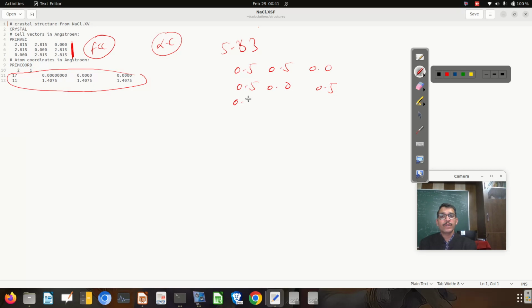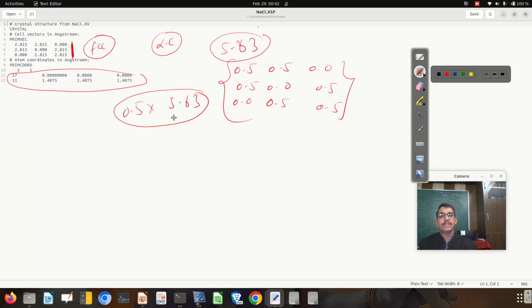So it is 0.0, 0.5, 0.5. So here what will happen, this 5.63 when multiplied by 0.5 gives us 2.815. So these are the values which I have placed.